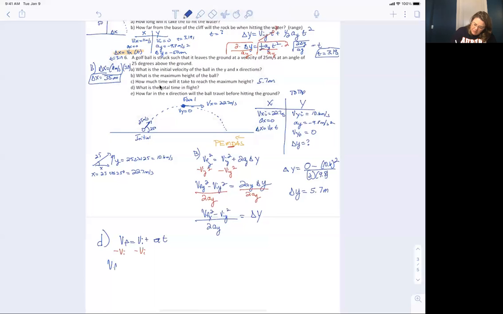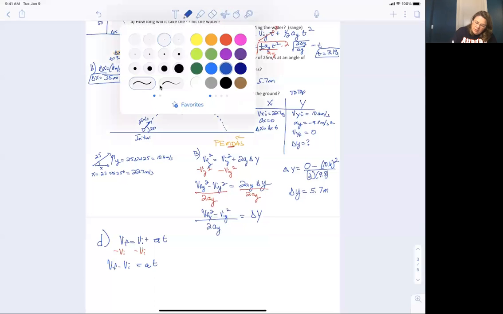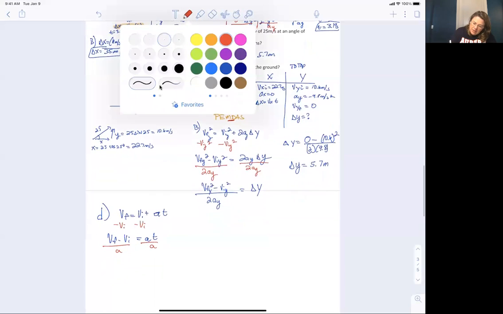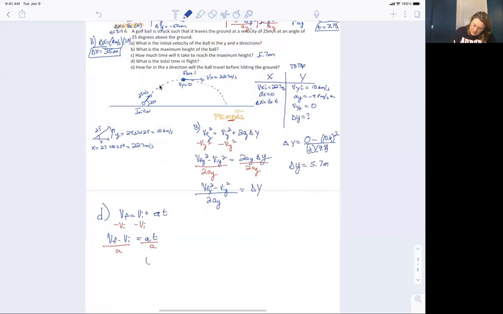So V final minus V initial equals a times t. Now I'm doing anything that's multiplied or divided by and doing the opposite. So a was multiplied, so I'm going to do the opposite, which is divide. And then I get t equals V final minus V initial over a, and then I can solve for t because I know all these things.